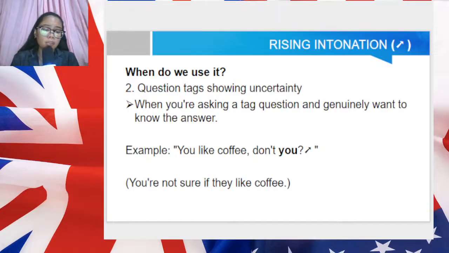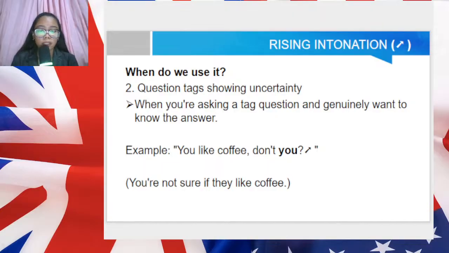Typically, they respond with yes or no, but they can also elaborate. Usually it's a yes or no. So this rising intonation is absolutely critical here because it transforms the tag from a mere statement or confirmation into a true request for unknown information, directly reflecting the speaker's genuine uncertainty and desire for clarification. Okay? All right.